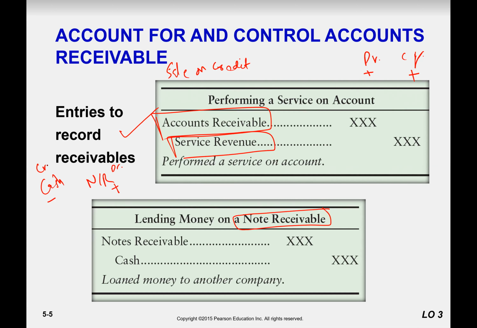Entry would be note receivable to cash. Simple. This is the treatment of account receivable in accounting, right? Simple, easy. So recall our discussion regarding journal entries. That concept is perfectly in line here as well.